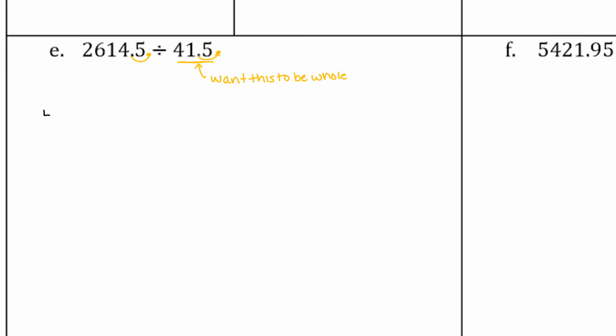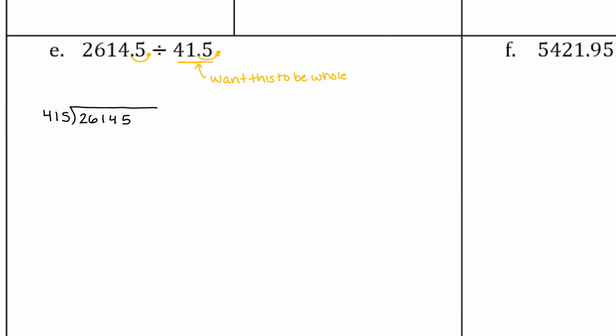So 415 goes into 26145. So remember, I moved the decimal to the right and it happened to make a whole number. Cool. So now what are we going to do?